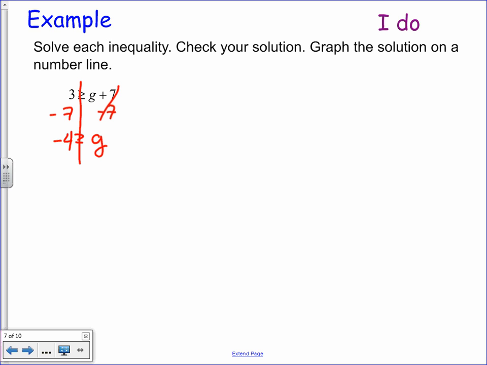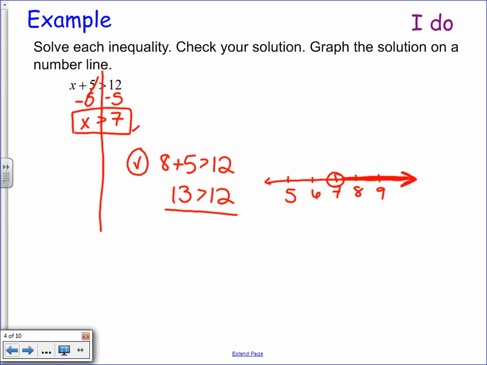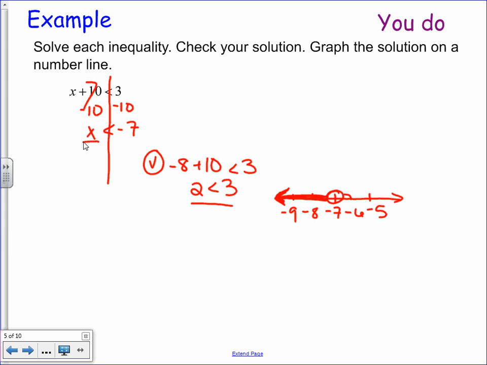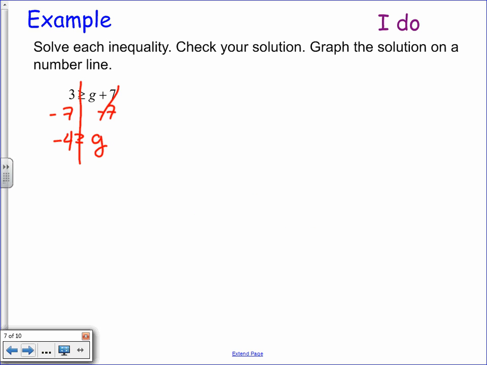Now, the difference between this one and all of the examples before is that the variable has been on the left. But look at this one. The variable here is on the right. So how I want to get the variable on the left is I'm actually going to switch positions. So my g is going to go first, and my -4 is going to go second.